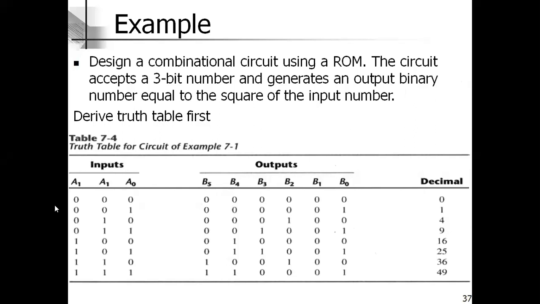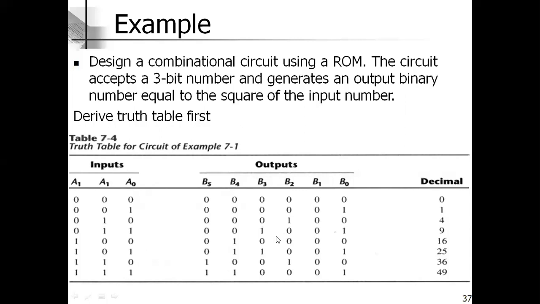Is this understood? 0 means 0 square, 0. 1 means 1 square, which is 1. And 2 square is 4. 3 square is 9.